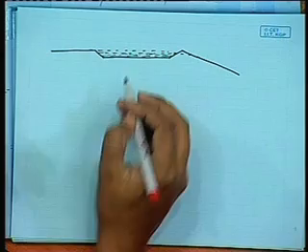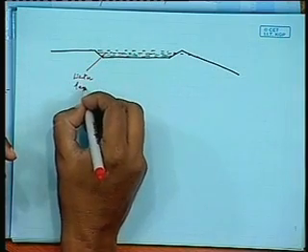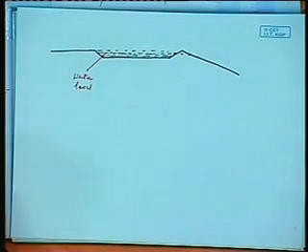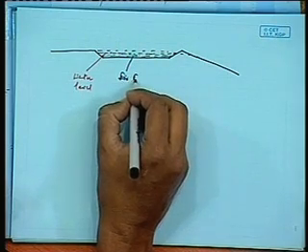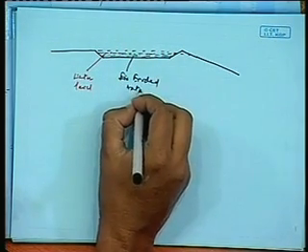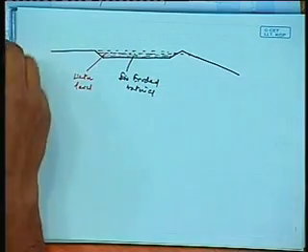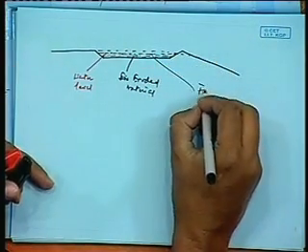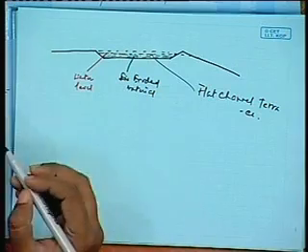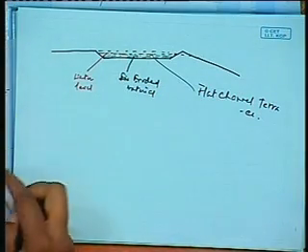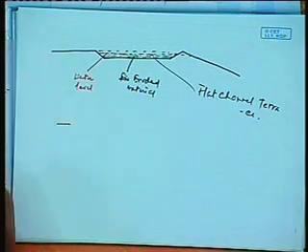This is the red one showing the water level, whereas this one shows the fine eroded material, and this is called a flat channel terrace.